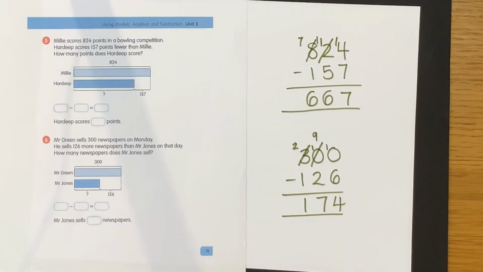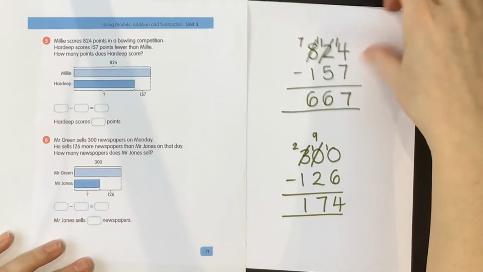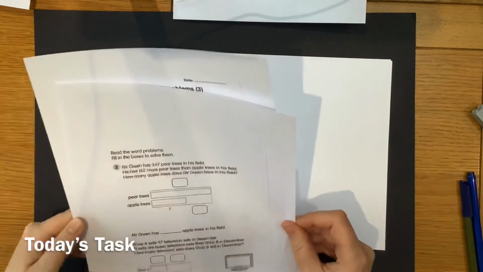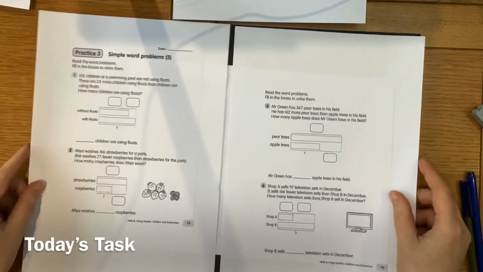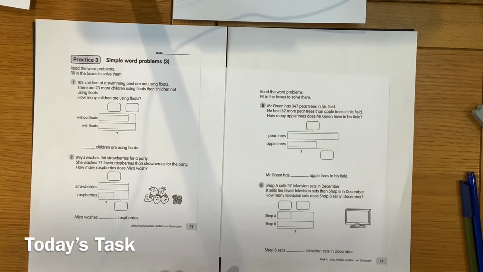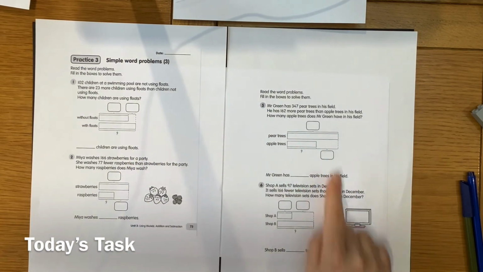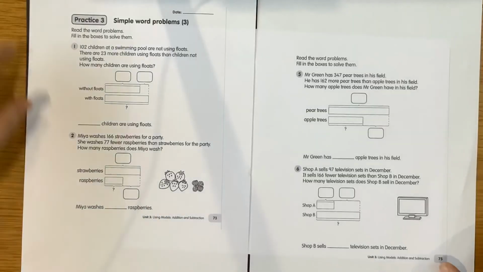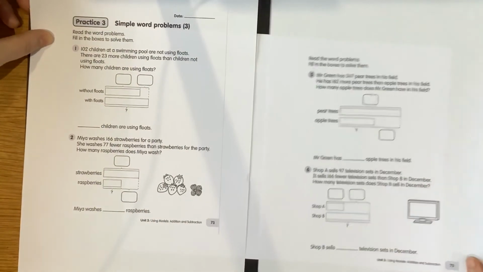Okay, there was quite a lot to do, wasn't there? This week we've solved an awful lot of addition and subtraction problems. So yours today then, I want you to do questions 1, 2, 5 and 6 from your practice. Those are the ones where the bar model has been done for you. If you finish that, there are 4 more calculations to do.